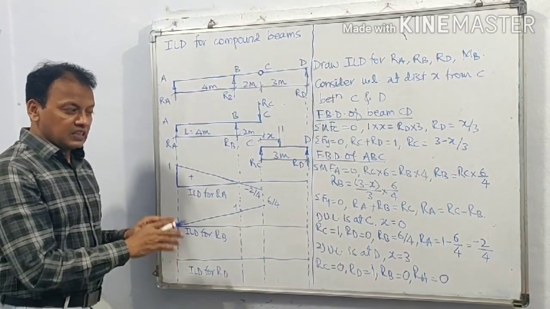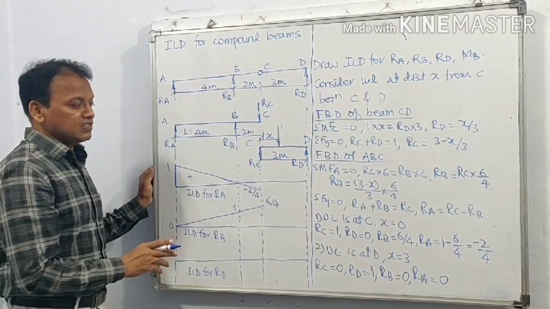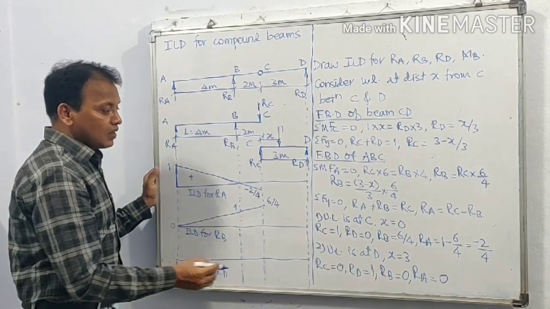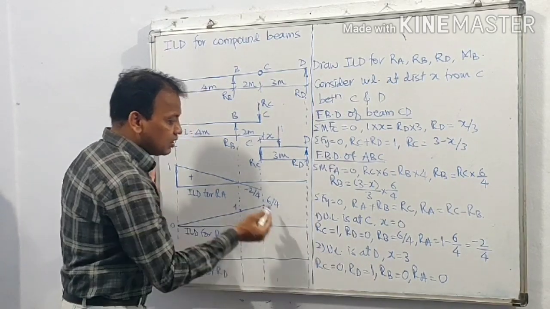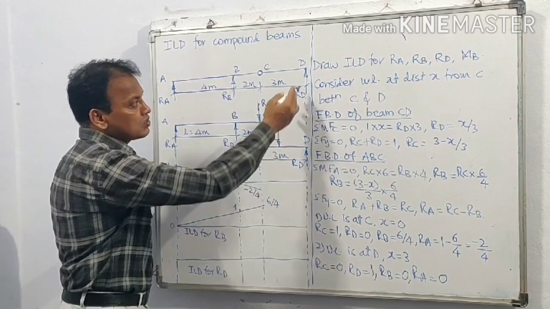Thus, we are getting these values of the various reactions. When the unit load is at C, we have already made the calculations.